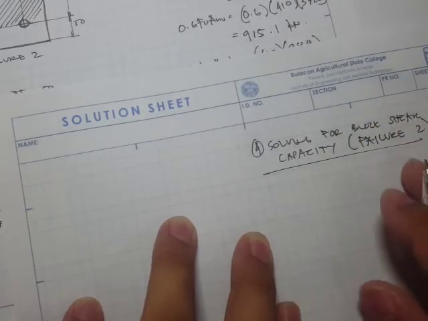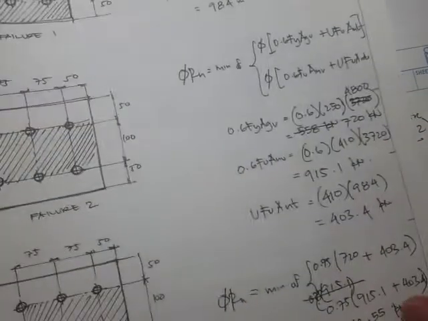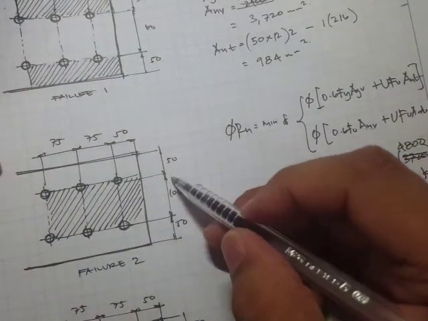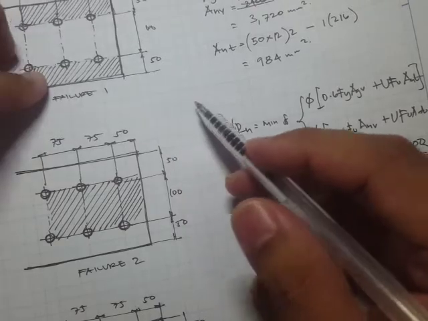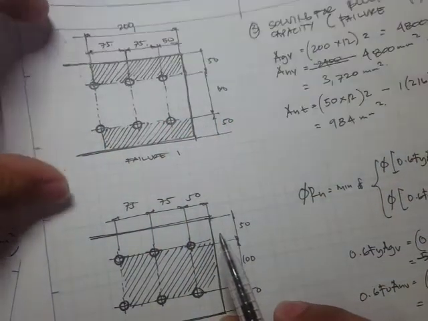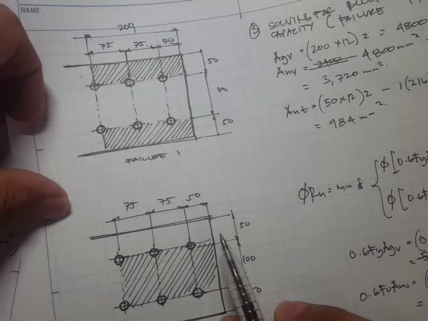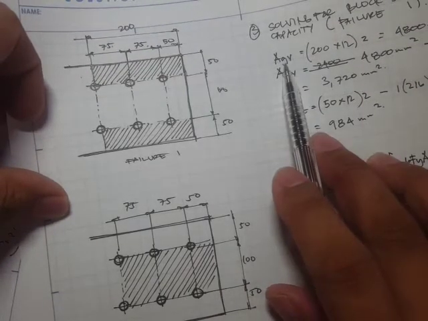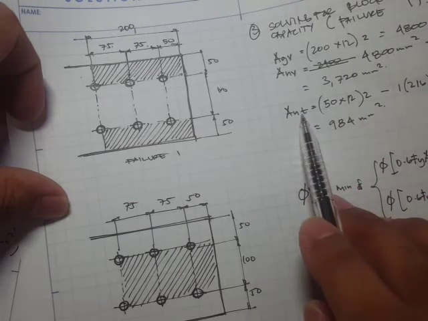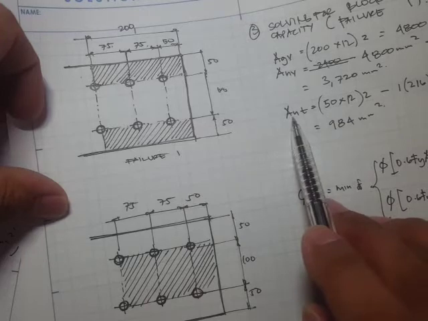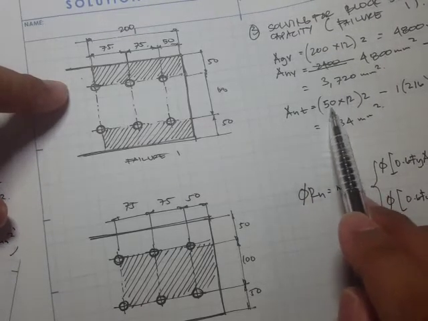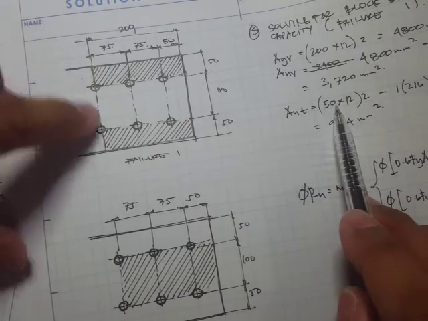Now here it so happened that since we have symmetrical dimensions, this failure 1 and failure 2 will actually have the same values for the shear area and the tension area. As you notice here, for example, the tension area is just 50 times 12.